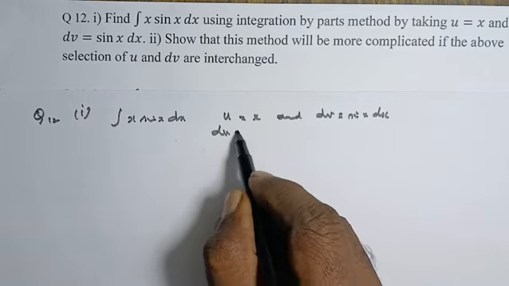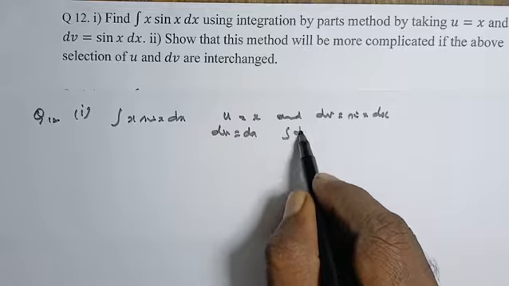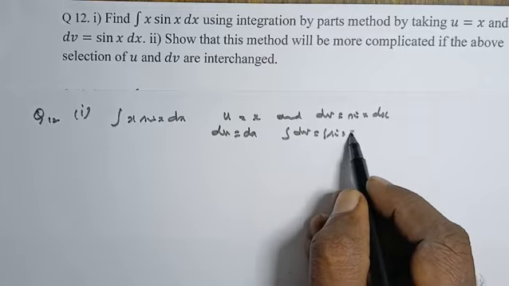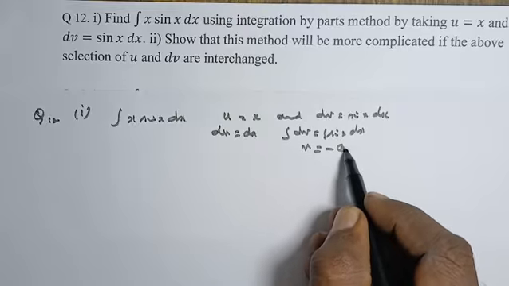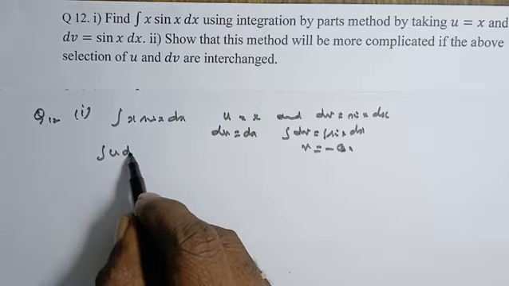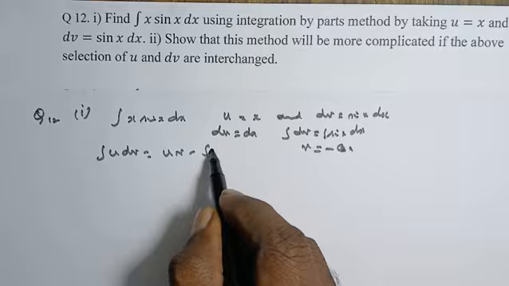Here u is x, therefore du equal to dx, and integral dv equal to integral sin x dx, that is v equal to minus cos x. Now the formula is integral u dv equal to uv minus integral v du.